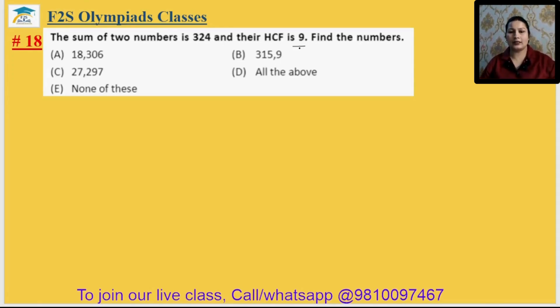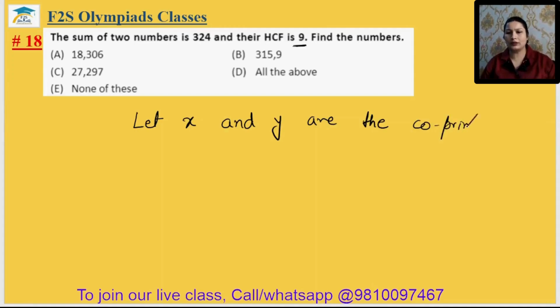Since 9 is the highest common factor, let x and y be co-prime numbers, which when multiplied with 9, their sum will become 324 and their HCF will become 9.